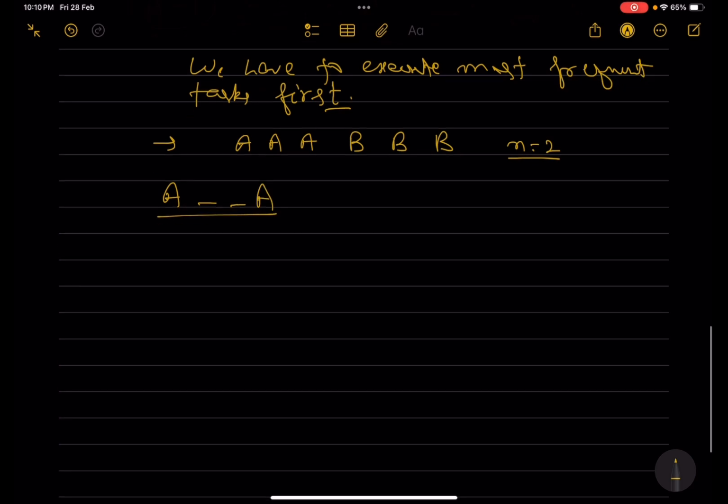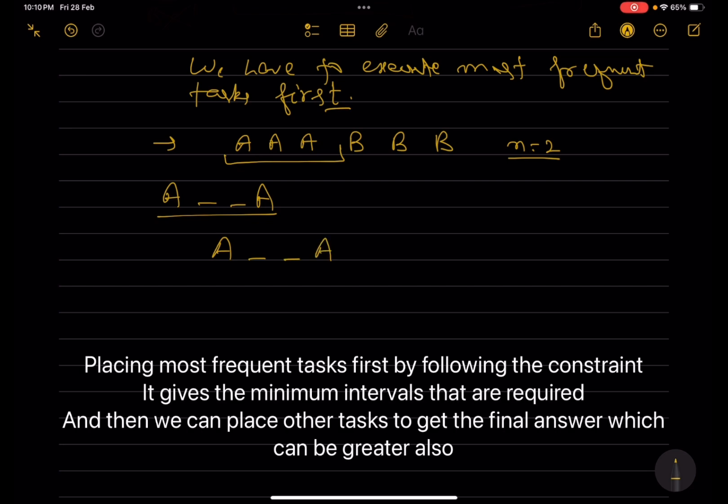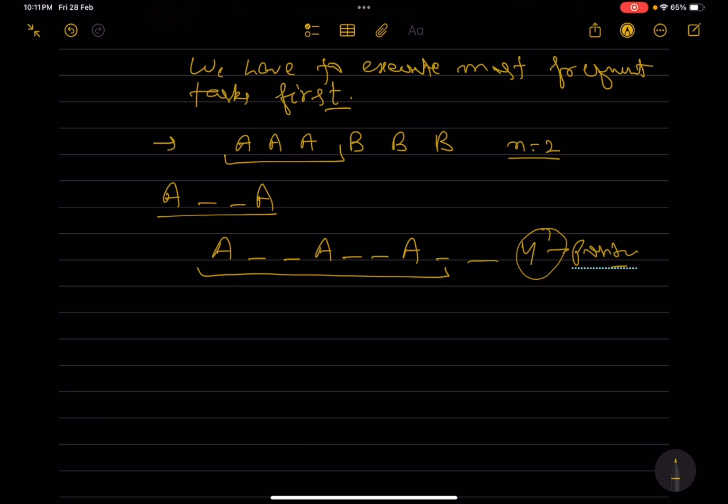So here, what if I try to place A first, considering the minimum number of intervals between the same task? That means A, now in between this we have 4 positions available, and in the last also we can insert some task.